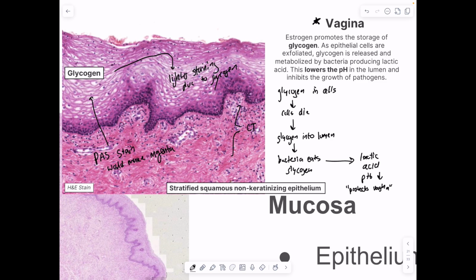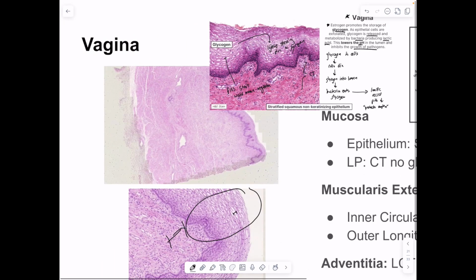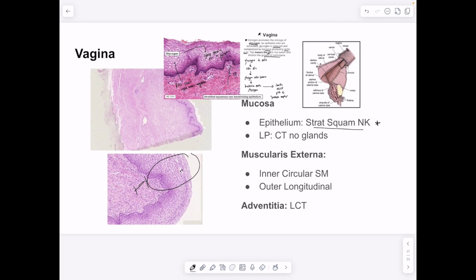For the vagina, estrogen promotes the storage of glycogen, and so as epithelial cells are exfoliated, glycogen is released and metabolized by bacteria producing lactic acid. This lowers the pH in the lumen and inhibits growth of pathogens, and so this is interestingly a defensive mechanism, allowing some useful bacteria to kill off other pathogens.